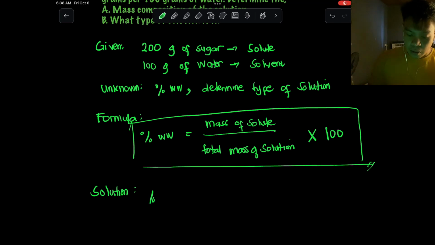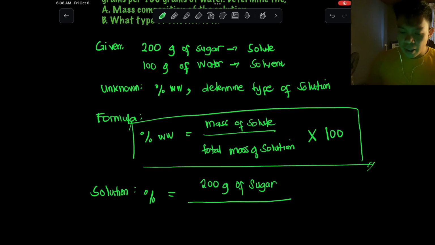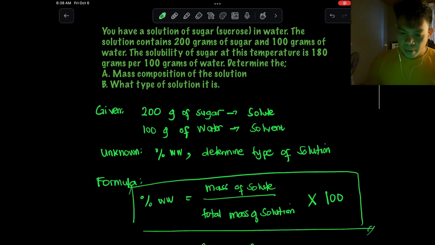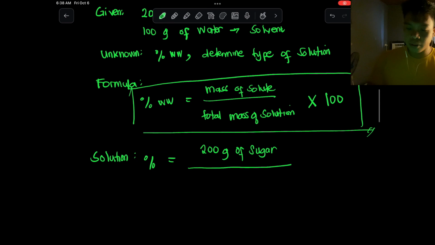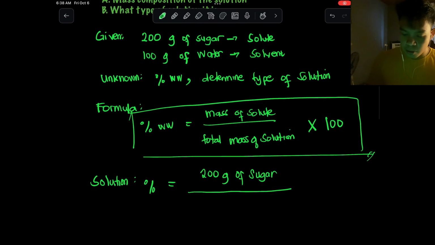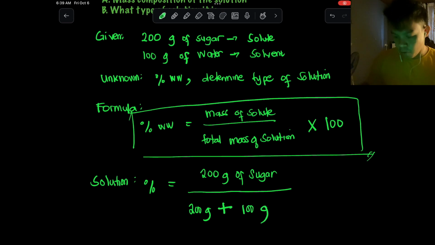The mass composition is equal to the mass of solute, which is 200 grams of sugar, divided by 200 grams of sugar plus 100 grams of water.